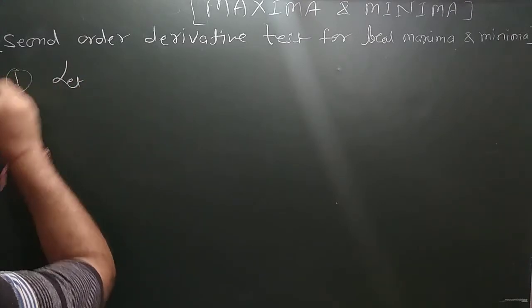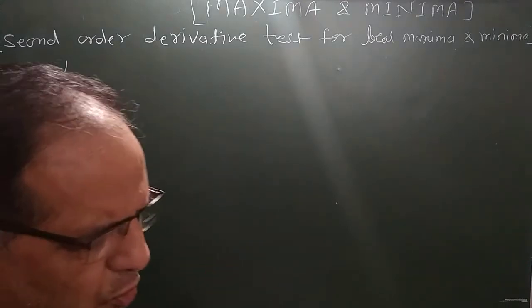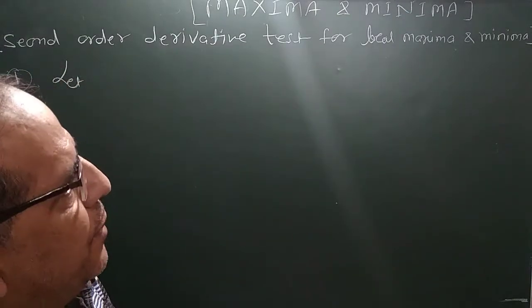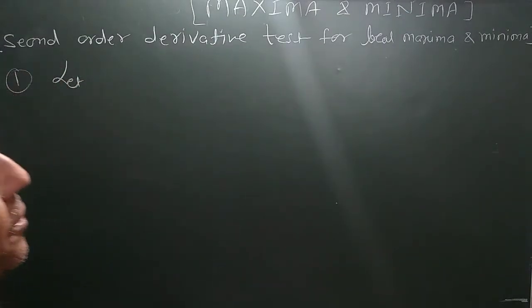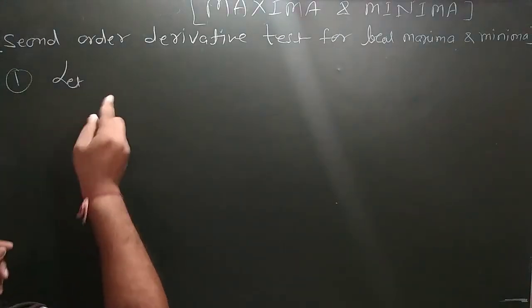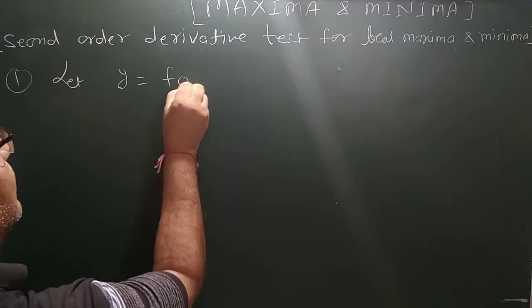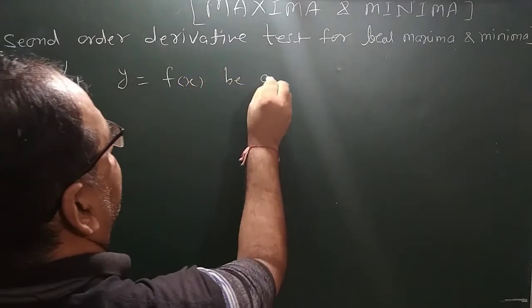This is also called the algorithm for finding the local maxima and local minima by using the second order derivative test. First, let y equal to f(x) be a given function.